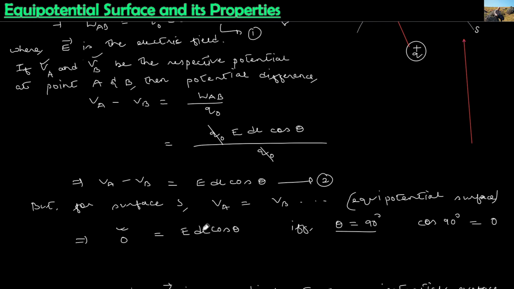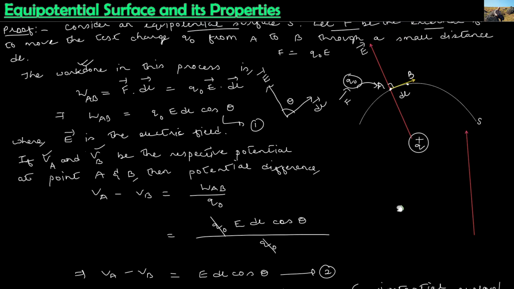So if you substitute E dl cos of 90 degree into that equation, the result will be equal to 0. So it implies that E is perpendicular to dl. The electric field is perpendicular to dl. Therefore, the angle between them should be equal to 90 degree.